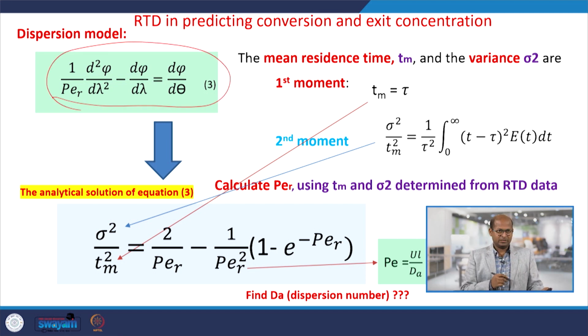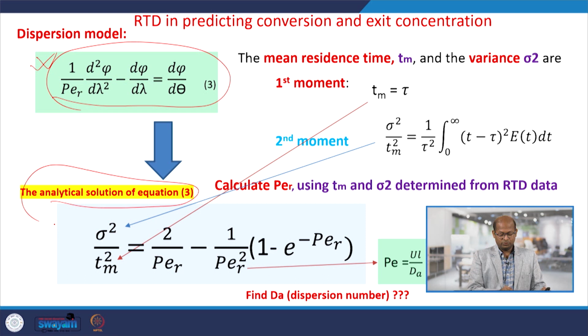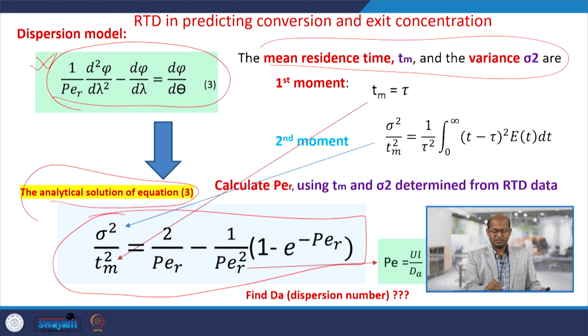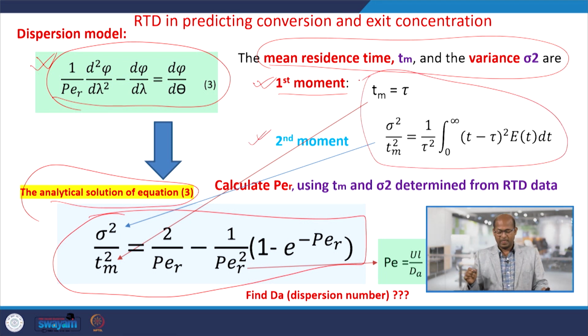If we solve these equations analytically with these two boundary conditions, the analytical solutions would come like this. And from the residence time distribution functions, the mean time and variance, meaning the first moment and second moment, we can get from the RTD study.